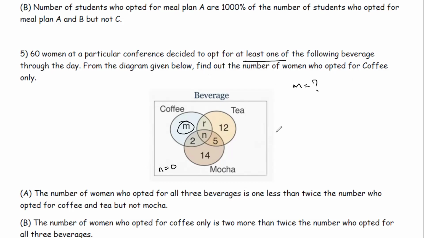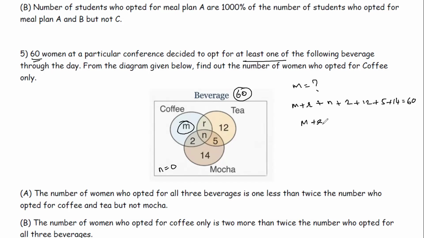From the diagram, we know that M plus R plus N plus 2 plus 12 plus 5 plus 14 is equal to 60, right? Remember, this is 60 women. The total within the circle should be 60.